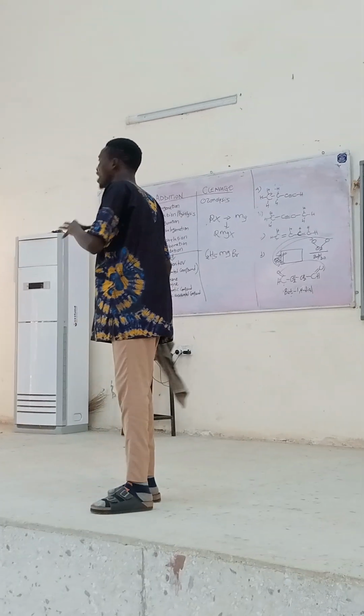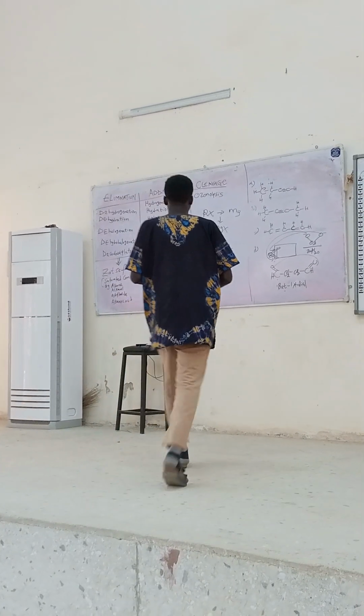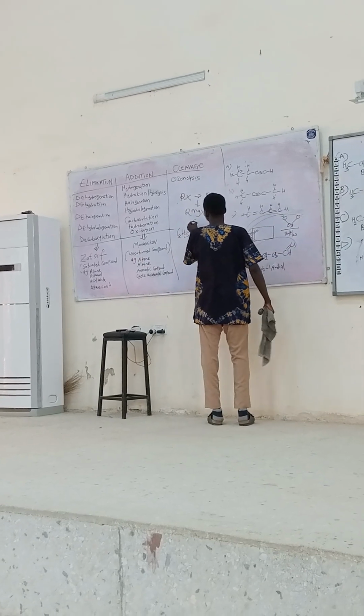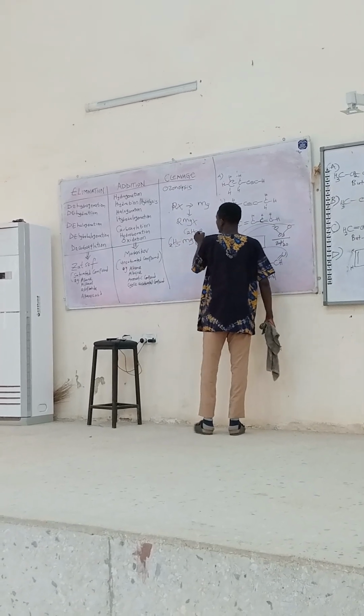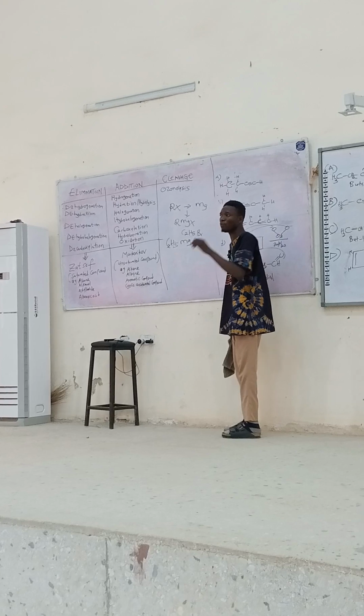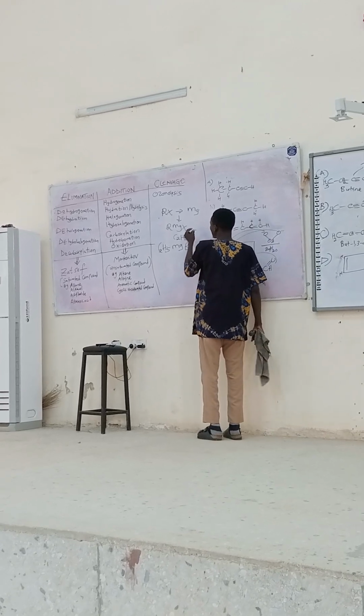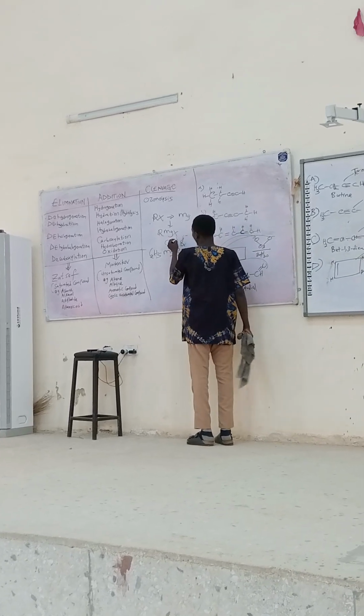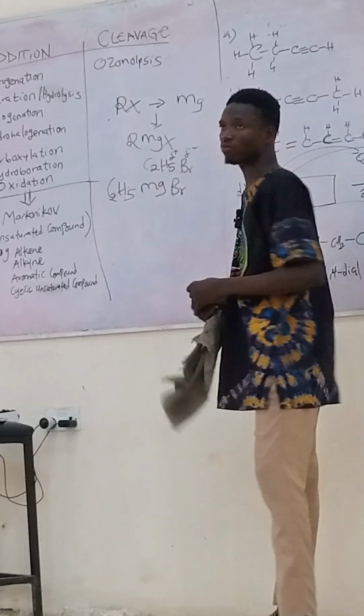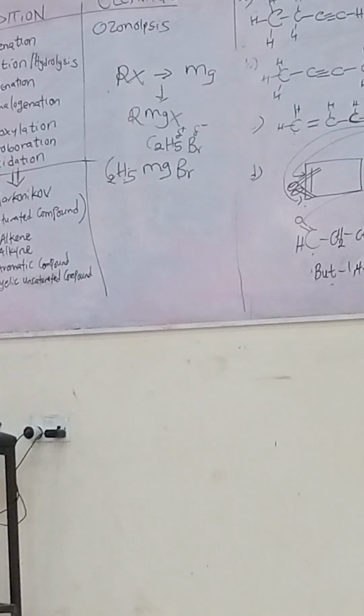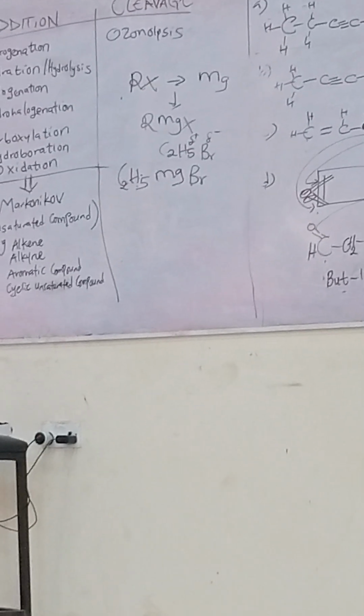Now, when you want to perform a reaction, what is this? Ethyl bromide. In ethyl bromide, bromine has a partial negative charge, while the alkyl group has positive. So when we want to perform any reaction, like charges repel and unlike charges attract.